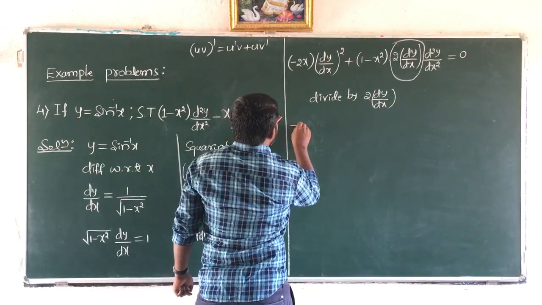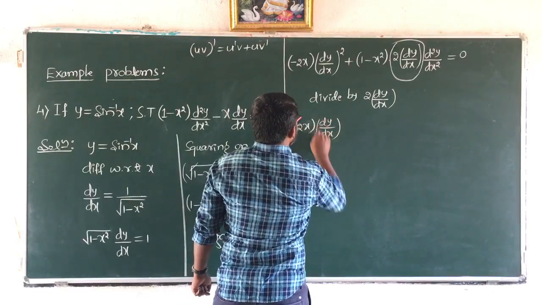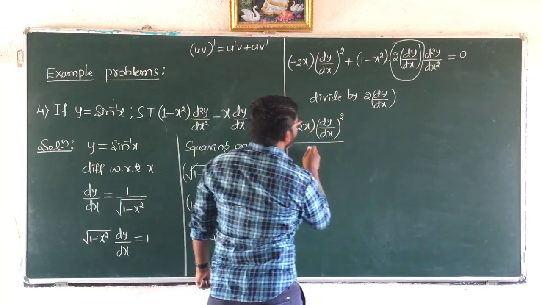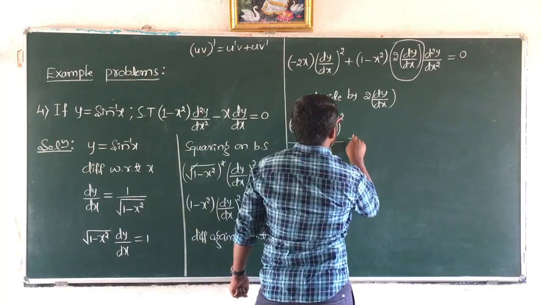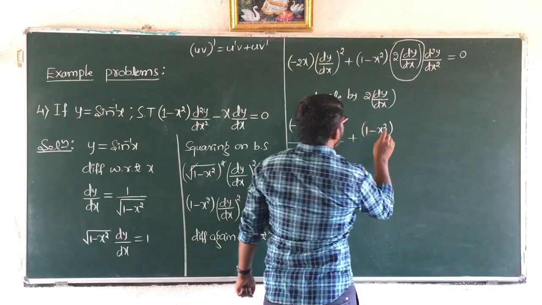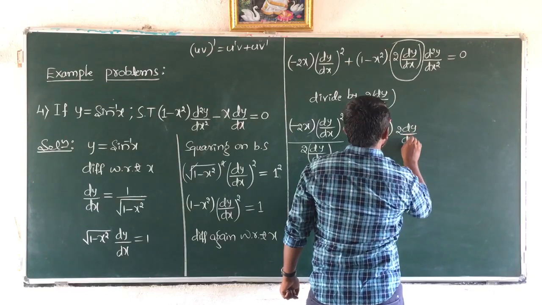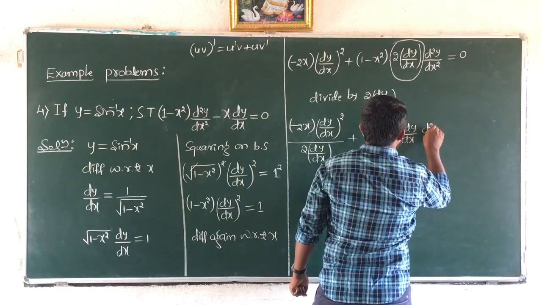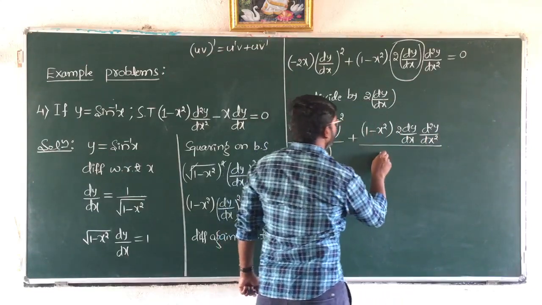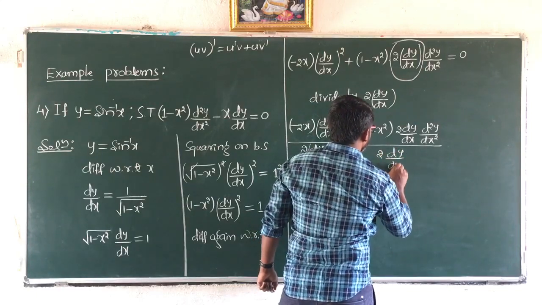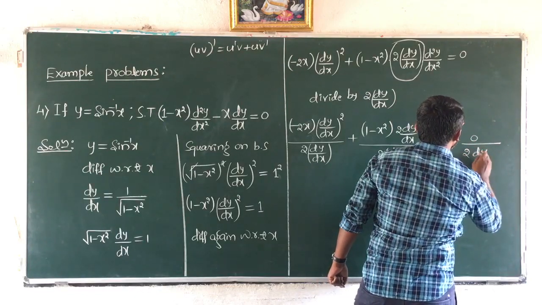So see here, minus 2x into dy by dx the whole square, whole divided by 2 into dy by dx, plus 1 minus x square into 2 dy by dx into d square y by dx square, then whole divided by 2 into dy by dx, which is equal to 0 divided by 2 dy by dx.